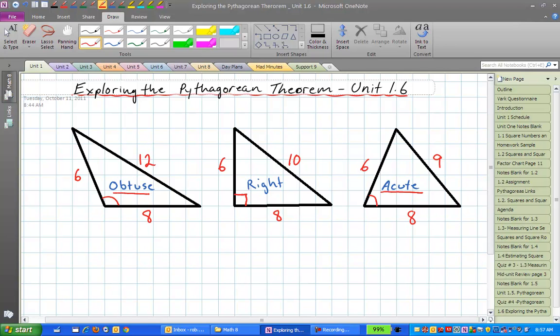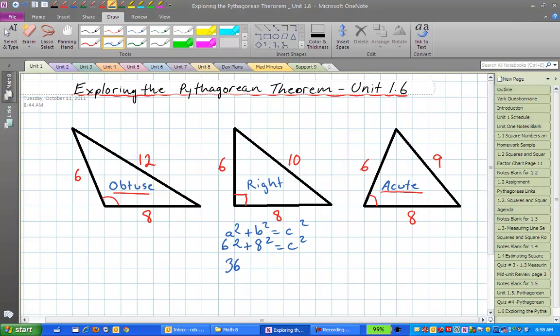All right, so when we apply the Pythagorean theorem to the right triangle, we know that a squared plus b squared equals c squared. Let's try this again. 6 squared plus 8 squared should equal c squared.